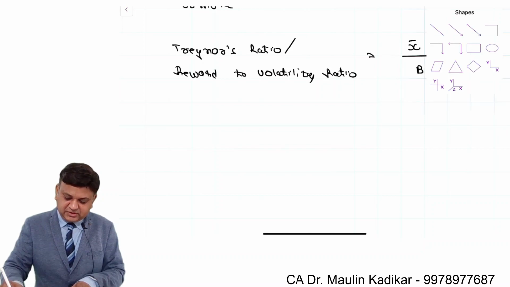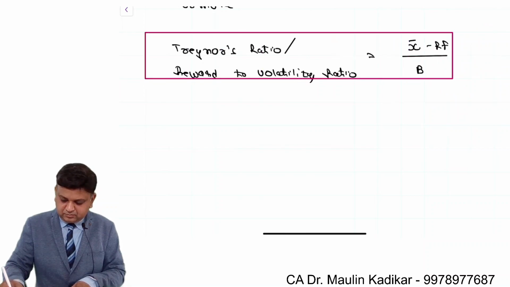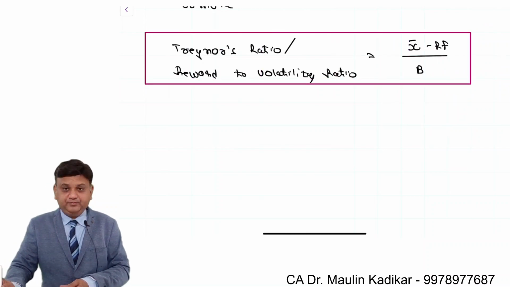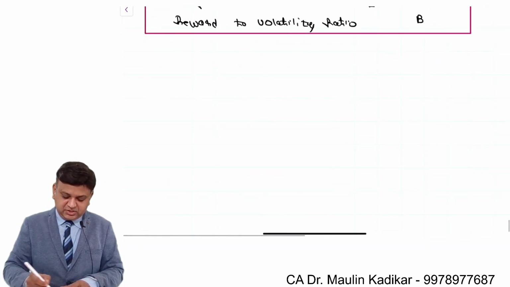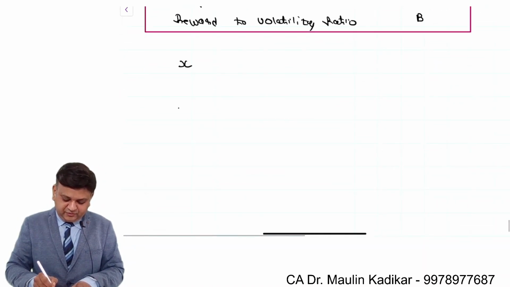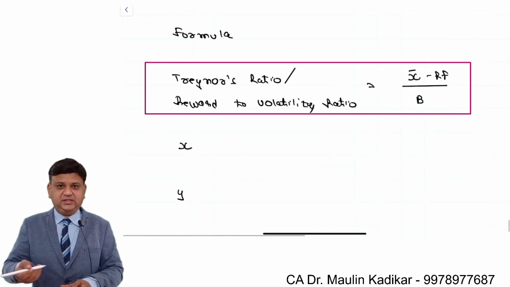This is a formula which is required to be applied. That is to be calculated for security X and for security Y. Okay, now the answer starts. That note is over.